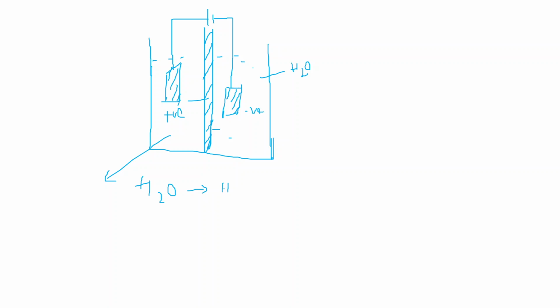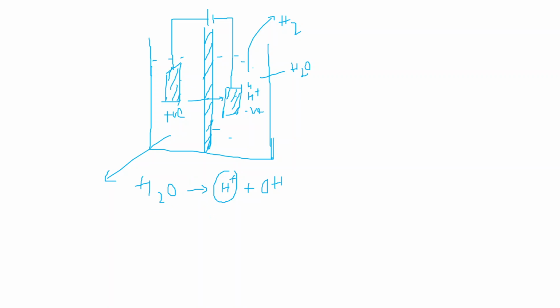This is the H plus, which will be attracted to the negative electrode. This H plus will receive 2 electrons and produce H, and 2H will form the hydrogen gas, and hydrogen gas will be evolved. And this is the basic working principle.